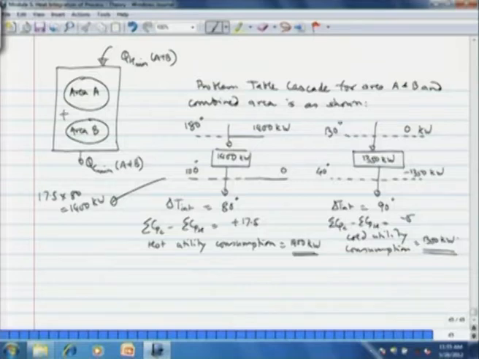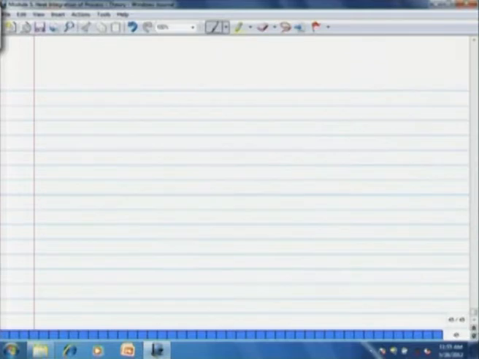Now if these areas are kept independent of each other, and now you combine the two areas, then we have the same problem table algorithm as before. We have to list all the shifted temperatures in descending order, and then mark the streams between these temperature intervals.